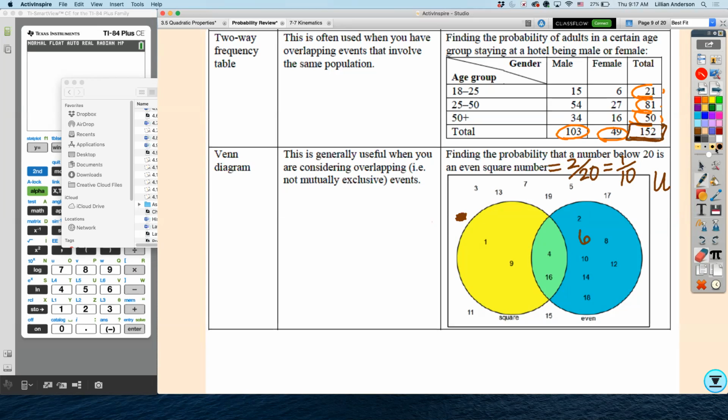Let's answer that question. It says, find the probability of adults of a certain age group staying in a hotel being male or female. Let's say this: find the probability that you select a person at random from this hotel stay that is female or in the age group 18 to 25.